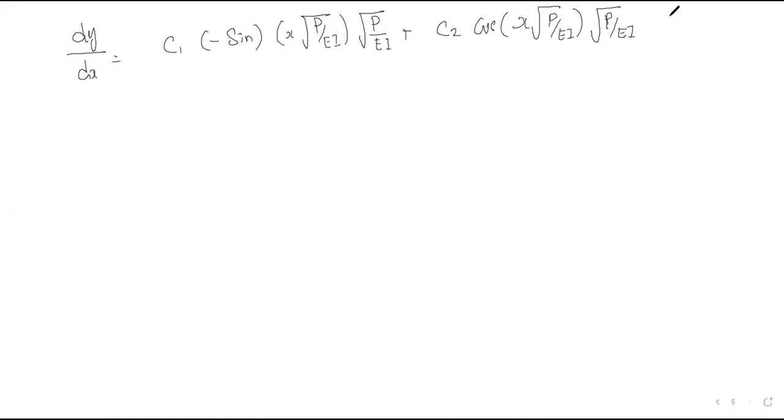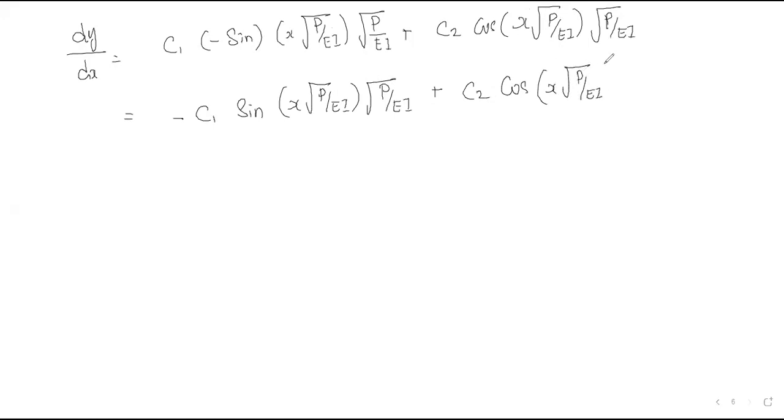So the delta plus E term becomes 0. The equation has been changed into C1 sine x root P by EI into root P by EI plus C2 cos x root under P by EI into root under P by EI. This is the equation we have for slope, equation number 3.